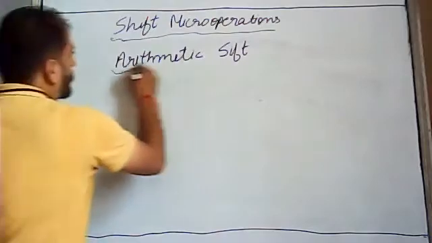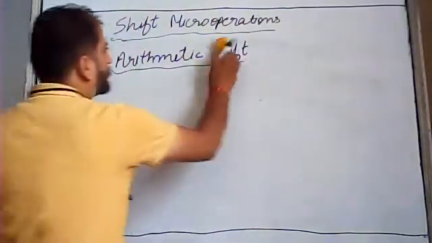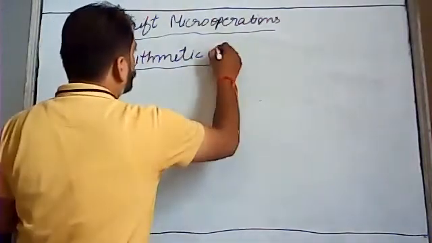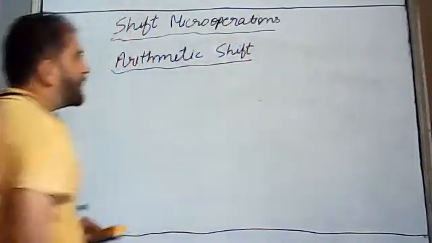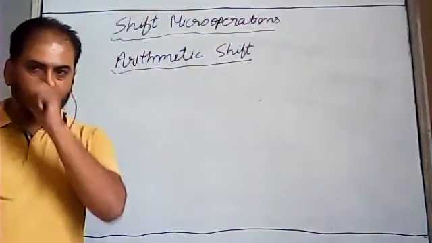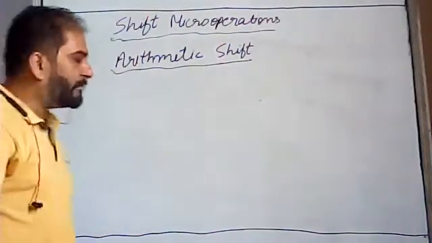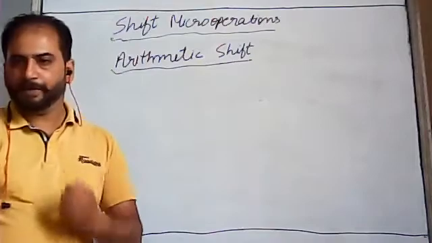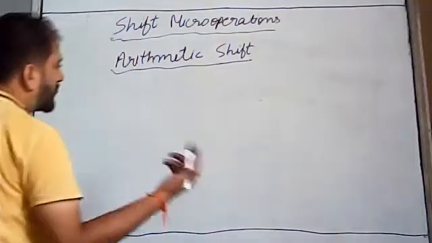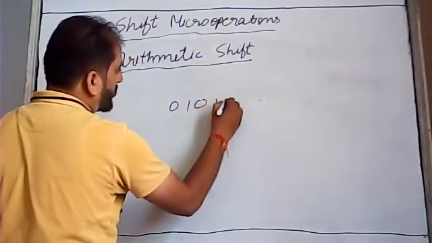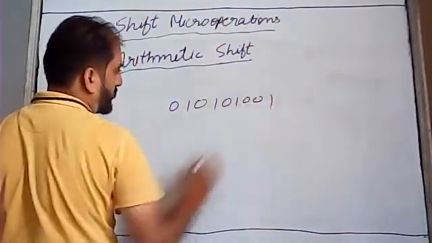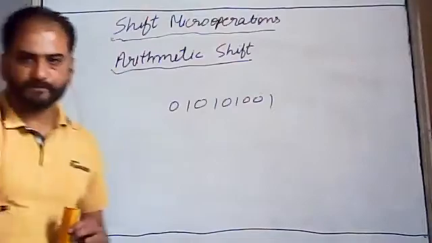In arithmetic shift operation, we use a sign bit. Suppose for example we have the data 0 1 0 1 0 1 0 0 1.